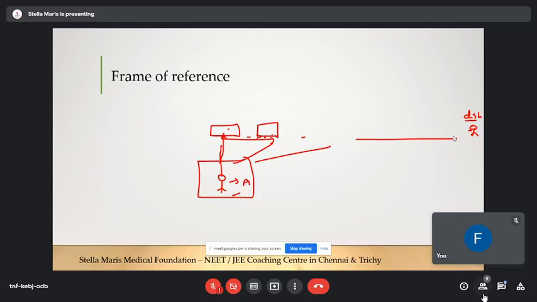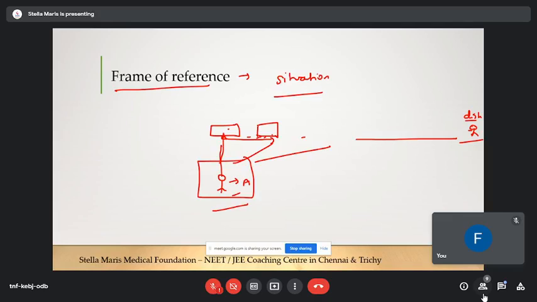From the introduction I have been telling this: if an object is moving in a straight line, I'm just drawing a straight line, and that is also an x-axis. For objects moving along a straight line, one dimension, that is one axis, is enough.